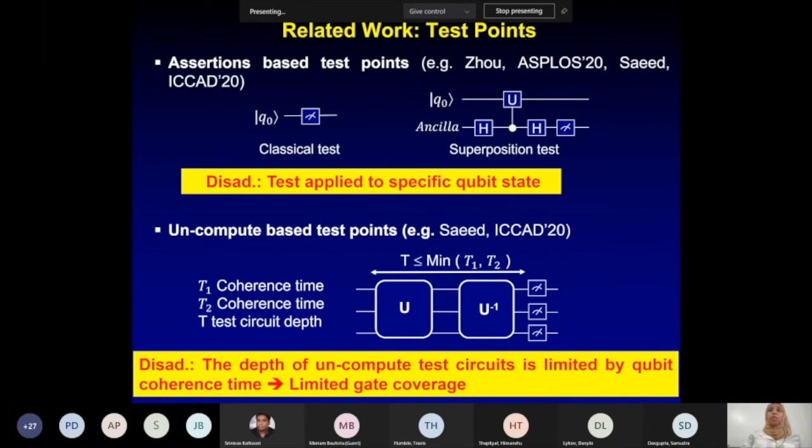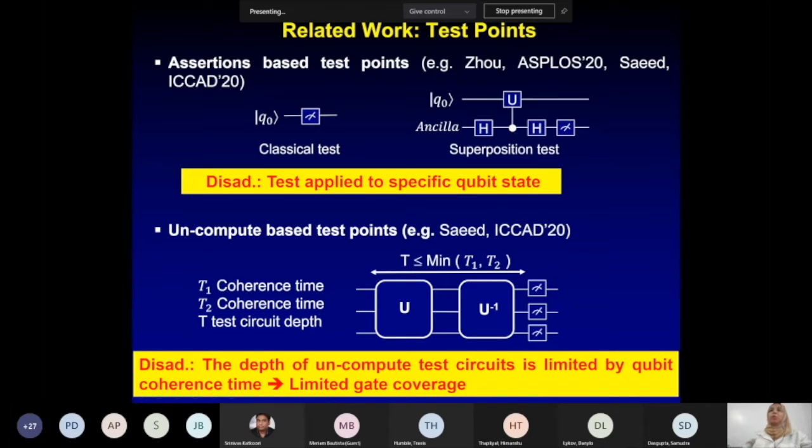There is other existing work that relies on the concept of uncompute, or some people call it mirror gates, where you take a subset of the gates and you uncompute them, so you can construct an identity matrix, and you use that subset to somehow infer the error rates of the quantum circuit. To avoid some coherence error, you may want to ensure that the depth of the circuit is less than or equal to the minimum coherence time of the physical qubit.